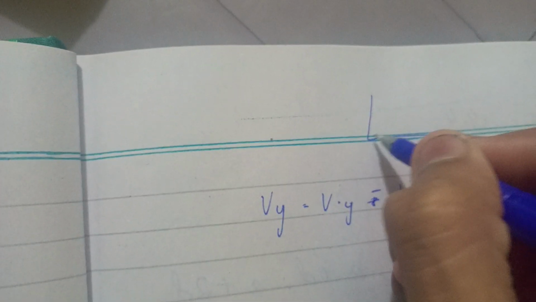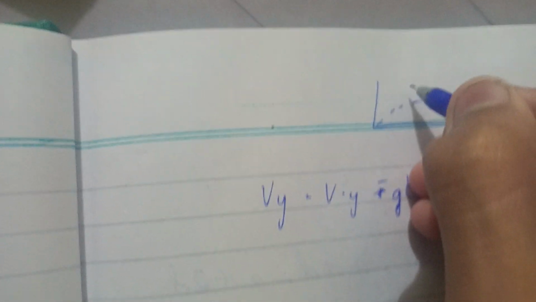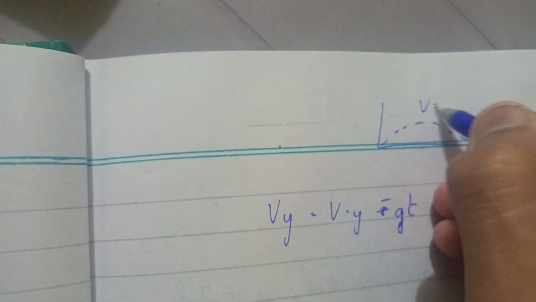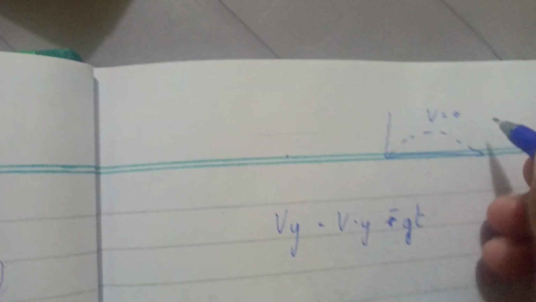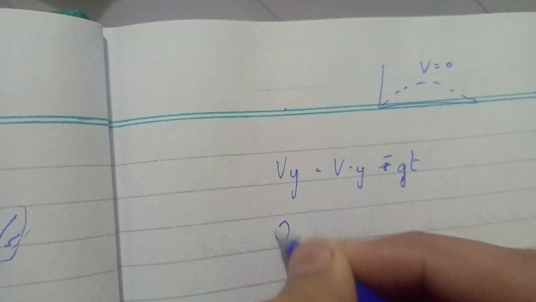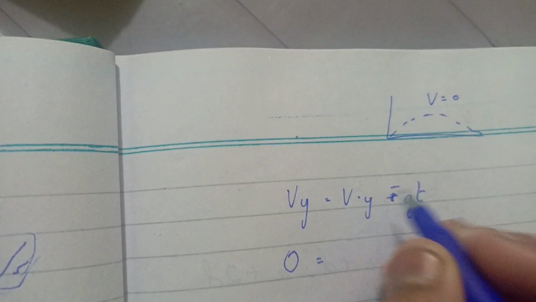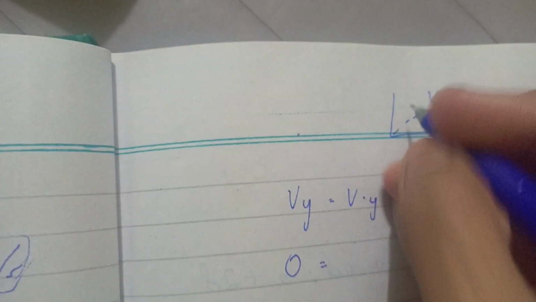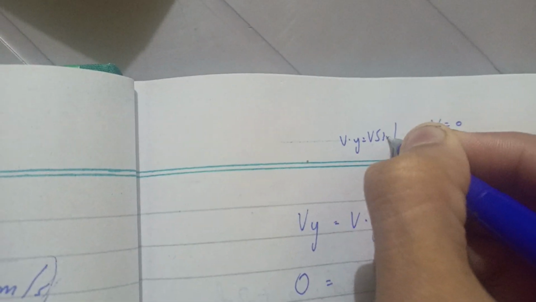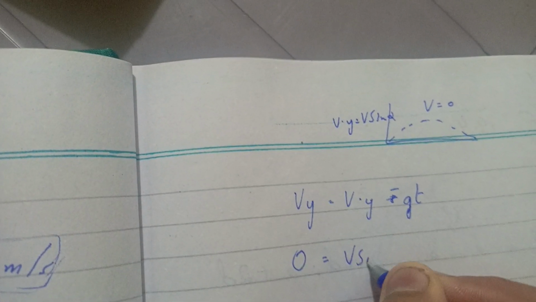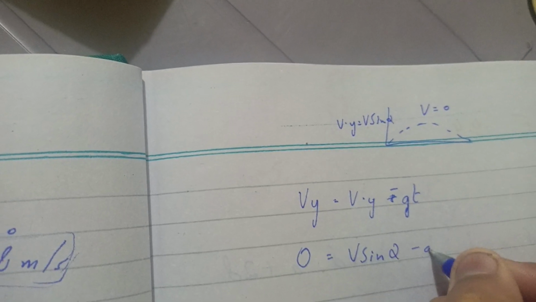So if we talk about vy, I told you that if we go to the maximum height, the velocity will be 0, so vy will be 0. Here we'll put 0 is equal to, as per the components, v naught y is equal to v sine theta, so v sine theta minus gt.